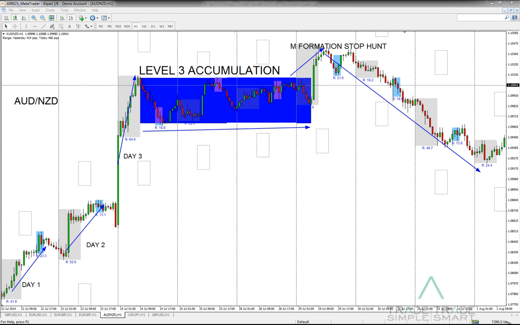Okay, so again, this is one of the 2 ways that smart money will begin to move the market after we have seen 3 levels of rise or fall.